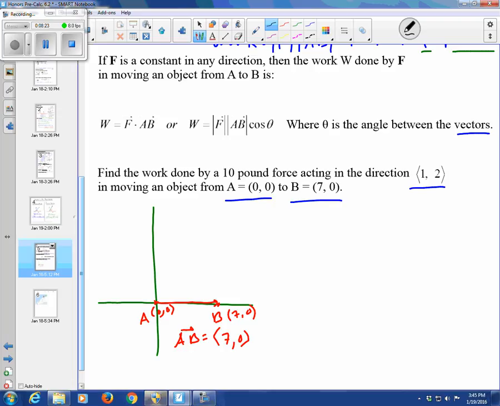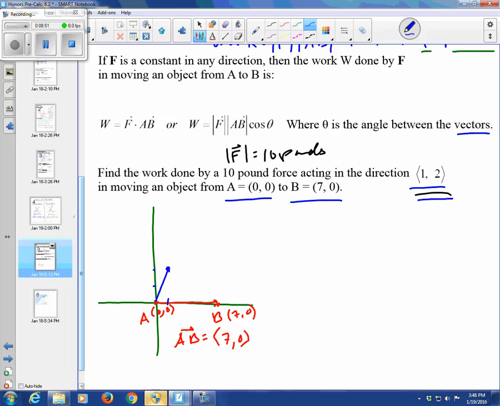Now we've got our force vector as having a magnitude of 10 pounds, and a direction that is basically the direction of the vector 1, 2. Now we can plot out that vector, but we want to keep in mind that the magnitude of this vector is not the force.